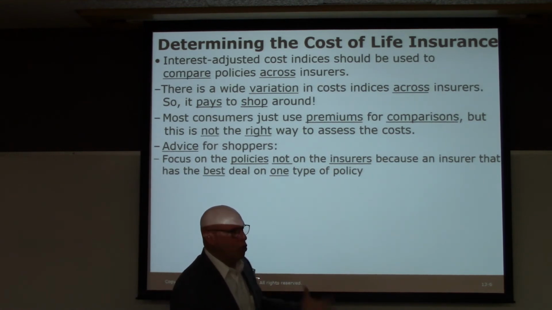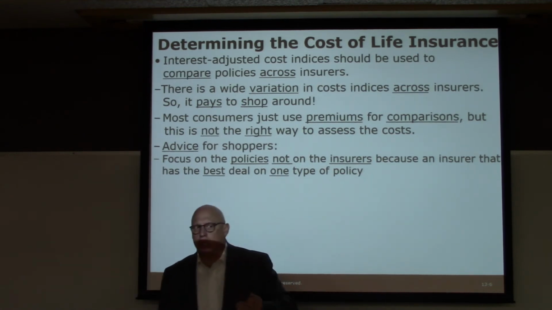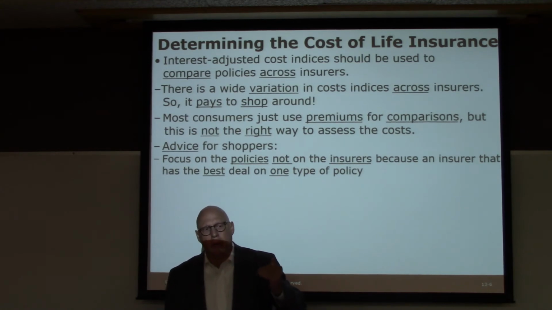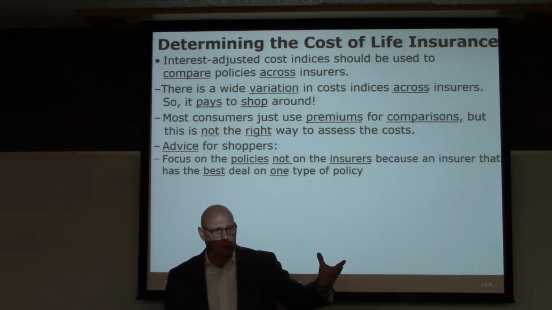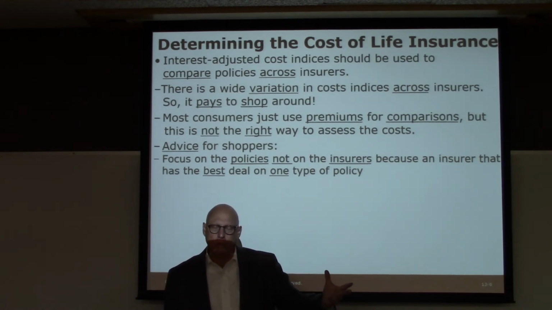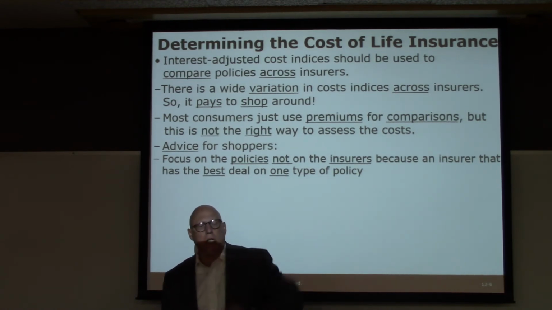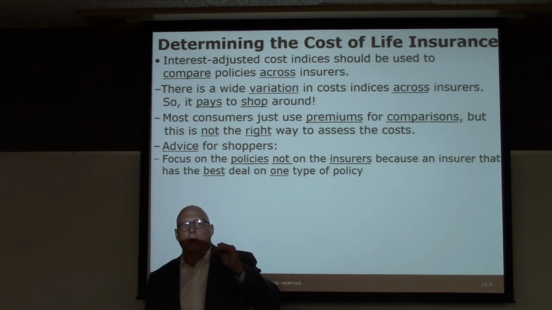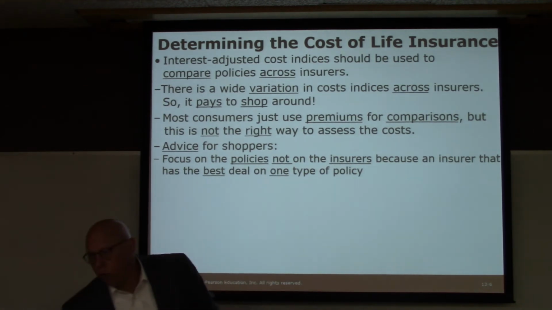But don't assume that just because an insurance company offers you one type of policy that is best for you, but then you start considering, let's say it's a term policy for 20 years, but then you start thinking about a universal policy. You have to look across insurance companies to see on a policy-by-policy basis who offers you the best deal, okay?